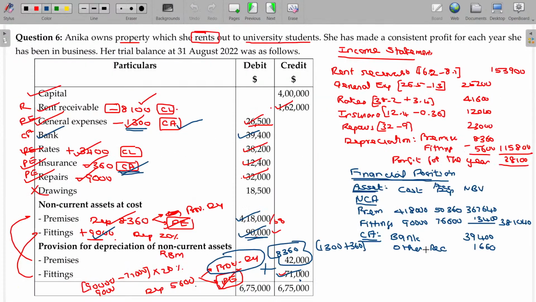Now cross verify. Do we have any other item unticked? Okay. No. Premises recorded, fittings recorded, accumulated depreciation for premises and fittings also recorded, and current assets recorded, that's all. The overall current assets being 41,060.